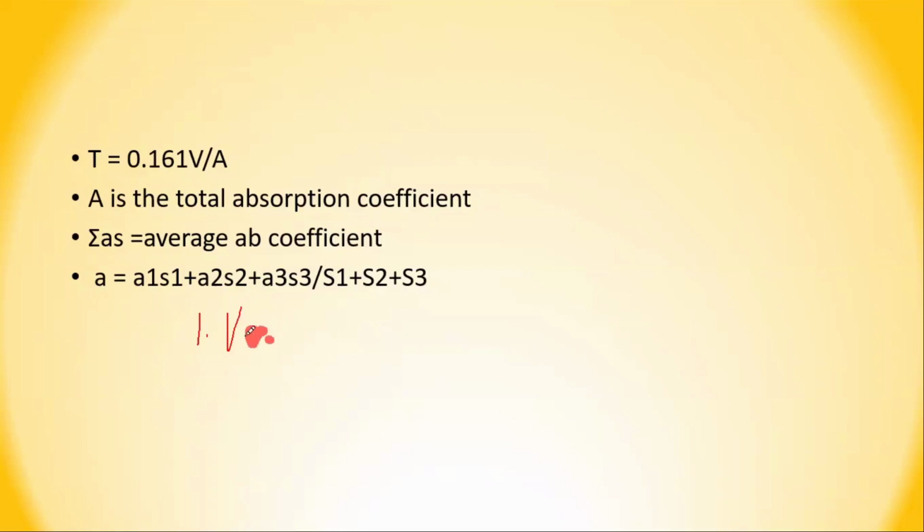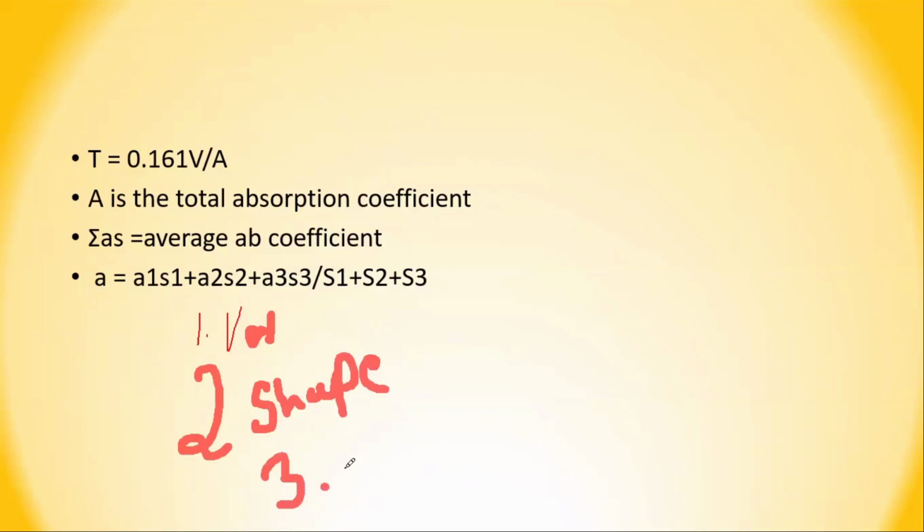Let me write in short form V. Second parameter that affects the acoustics is the shape. The third parameter that affects the acoustics is the absorbing material. I would tell it as an acoustical material. We'll be discussing all these things. Okay, though it is a kind of self-study question, I would like to discuss this. The acoustical material, right?